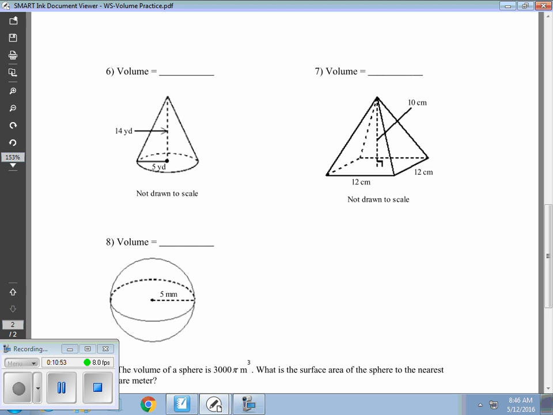Now we're doing pyramids and cones. What's our formula for volume of a cone? V equals. It's 1/3. It's 1/3 the base times height. Okay? Now, I need you to write down the formula.